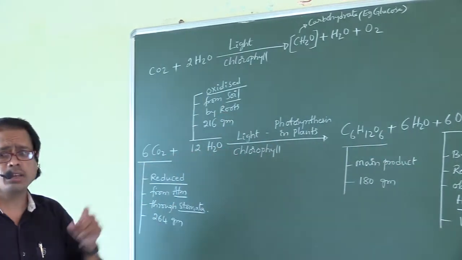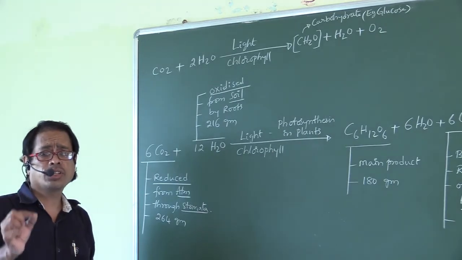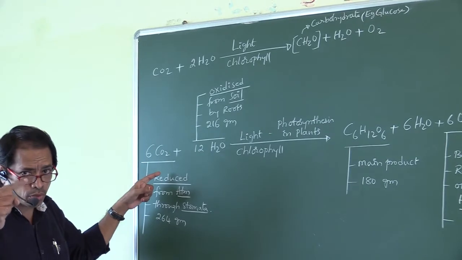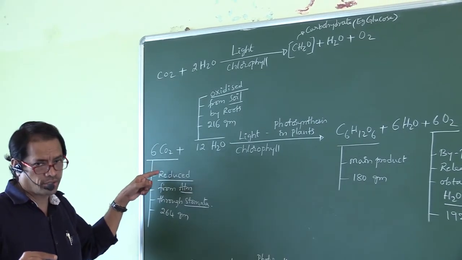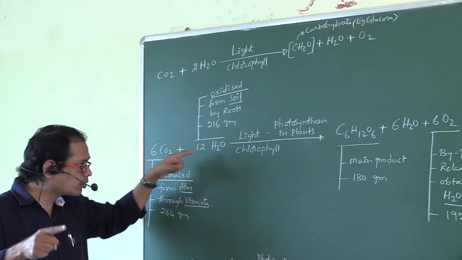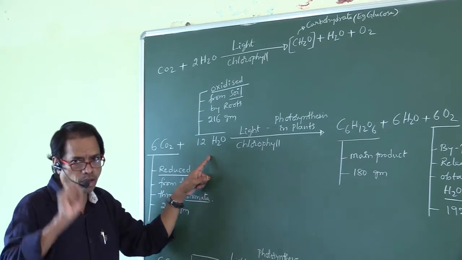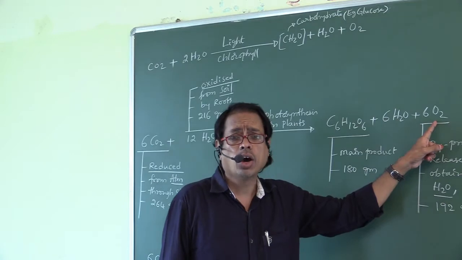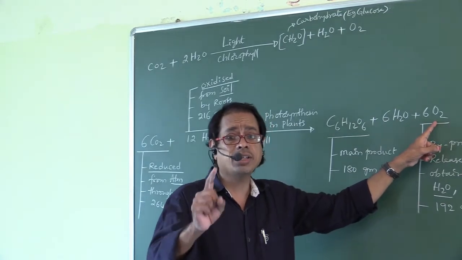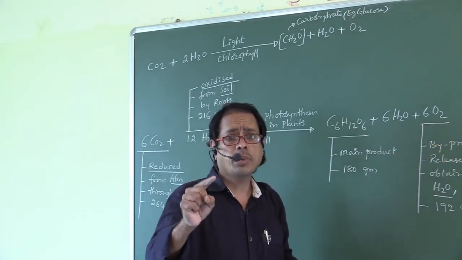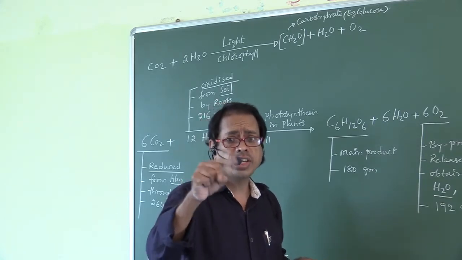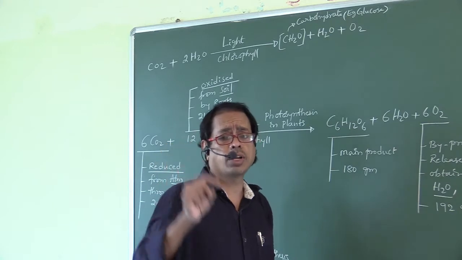Try to remember the equation, my dear students. In the photosynthetic balanced equation, how many CO2 molecules are required? 6 CO2. How many water molecules are required? 12. How many oxygen molecules are released? 6. The ratio between CO2 and O2 is 6:6, equal to 1:1.